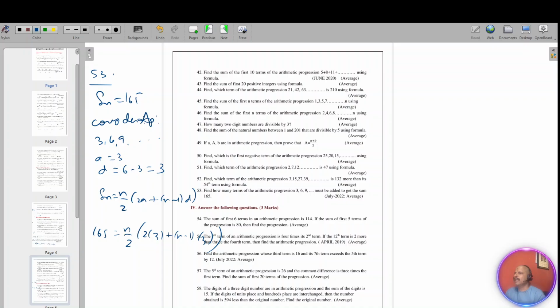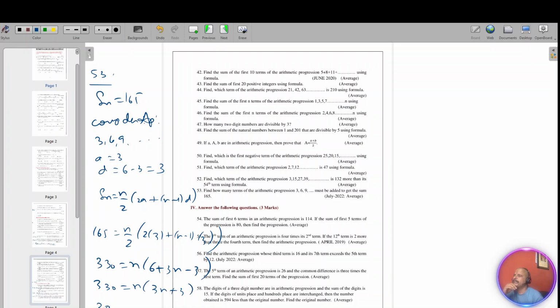So 165 into 2 is 330, equal to N of 6 plus 3N minus 3, right? Now you see 330 equal to N of 3N plus 3.